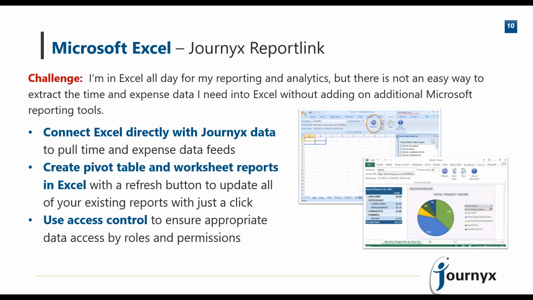You point Excel to the Journyx URL, you put in a date range, you put in your login credentials because it still respects your permission levels within Journyx, but it allows you then to refresh the data. And what it does is it pulls in all the time records that fall into the date range that you've predefined into basically a big Excel worksheet.